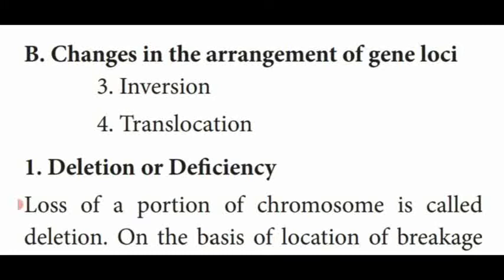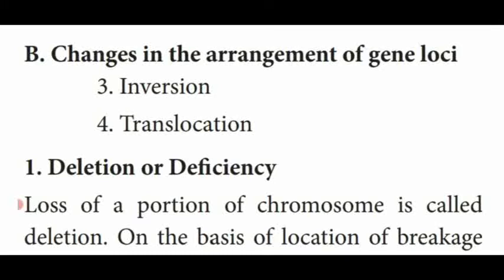Normally, the genes are arranged in the chromosome in a linear order, a straight line. So an arrangement which shows certain changes is said to be a change in the arrangement of gene loci. This is again divided into two types, inversion and translocation.